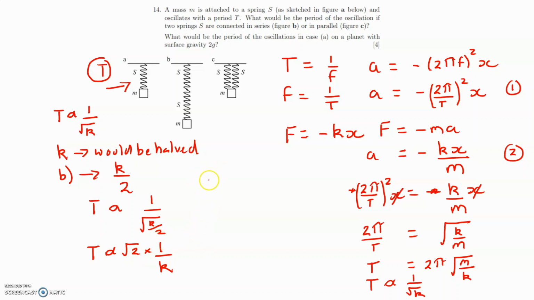When you have two springs in parallel, the spring constant becomes 2K. Okay, it becomes harder to extend, so the spring constant is 2K. So if we put that into our equation, T is proportional to 1 over the square root of 2K, just rewriting that slightly.